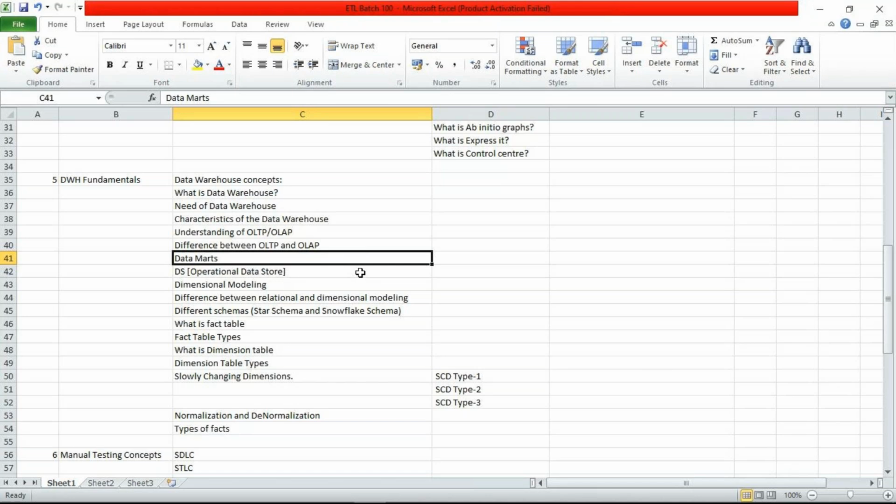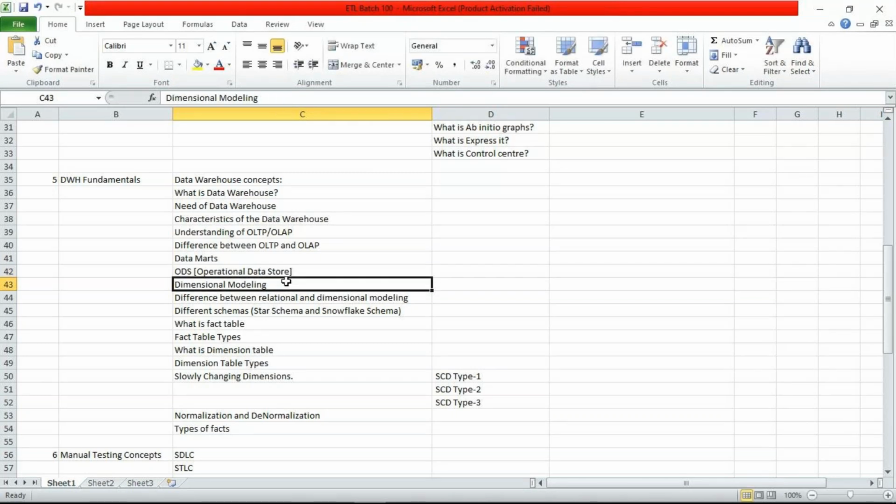Operational data stores. This is ODS actually. Operational data source. What is an operational data source? It's the same as a data warehouse, but with a slight change. ODS is also a database, but it is different from a data warehouse.